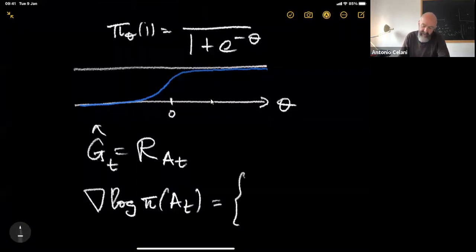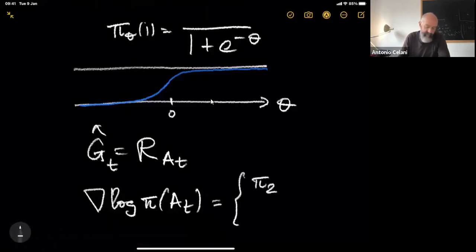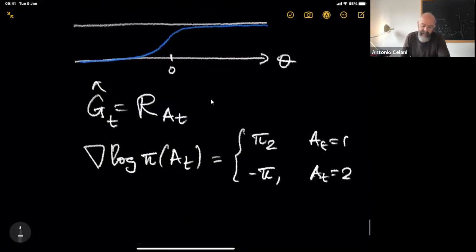This thing is going to be either pi 2 if the action is 1, or minus pi 1 if the action is 2. It's just a straightforward derivation exercise. And therefore, if you combine these two objects together, you know how to improve your theta parameter.